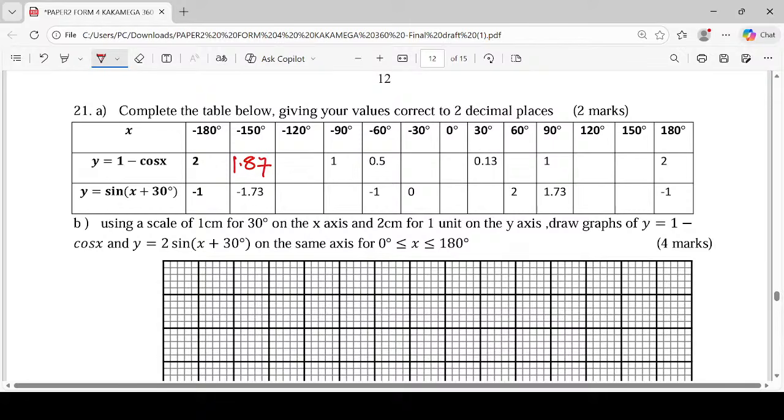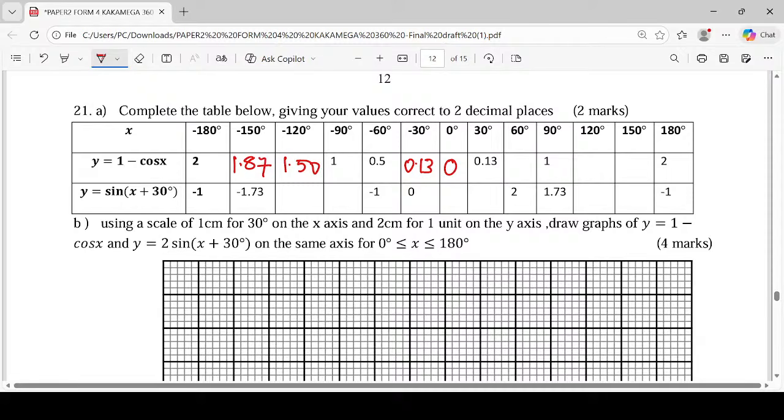At negative 120, 1.50. At negative 30, 0.13. At 0, that is 1 minus cos 0, that will be 0.